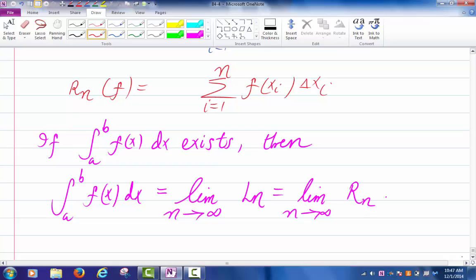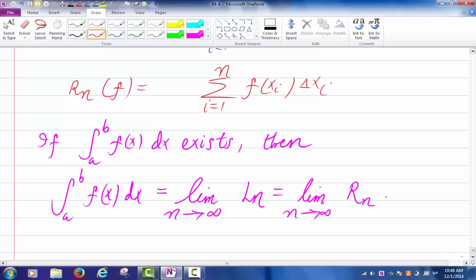But if I know that the definite integral is defined, then it is equal to the limit of Ln as n goes to infinity, or the limit of Rn as n goes to infinity. So if you know that the definite integral exists, then you can find it by taking the limit of the left-hand Riemann sum Ln, where n goes to infinity, or the right-hand Riemann sum Rn, where n goes to infinity.